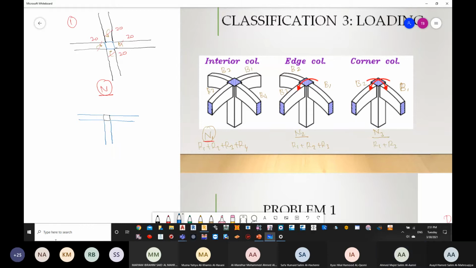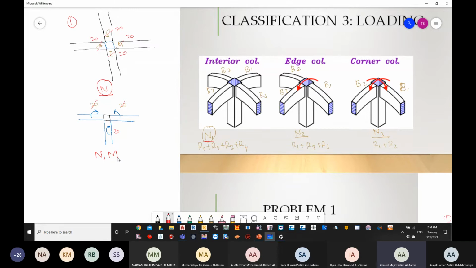Now, if we have a moment here, and then one moment on the other side, for example, if this was 20 and this is 20, you will see that this 20 and 20 will be cancelled with each other. And if this is, for example, 30, you will see that this particular column will have N plus 1 moment, because the other moments are cancelled.